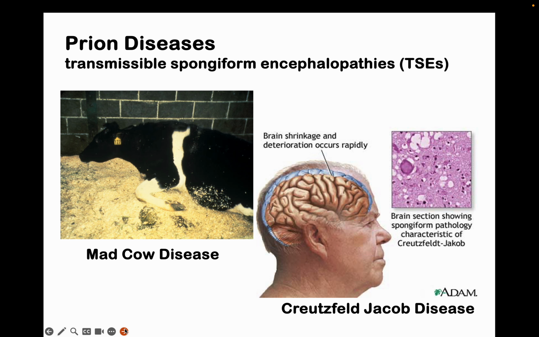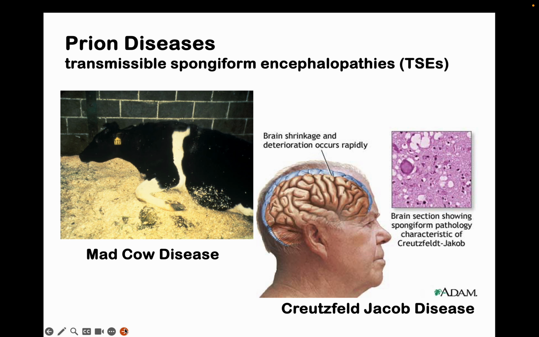Symptoms of a prion infection, in the case of CJD, include shrinkage of the brain and deterioration of the brain's nervous functions, since the target tissue is primarily the nervous tissue.